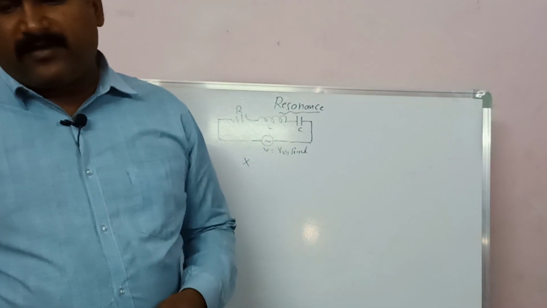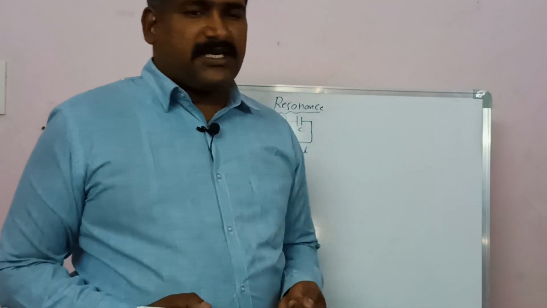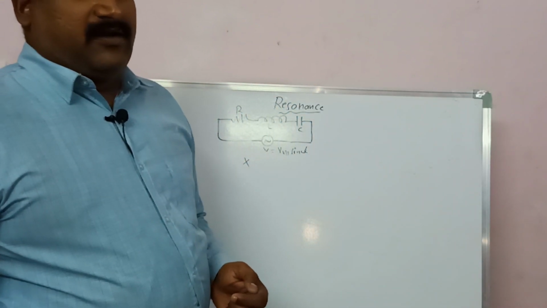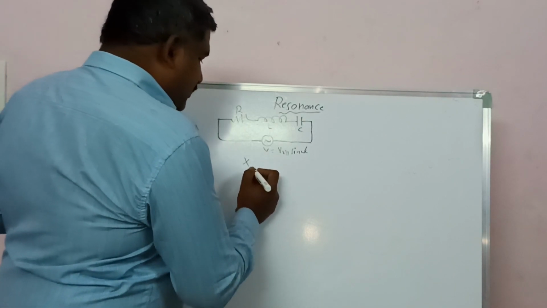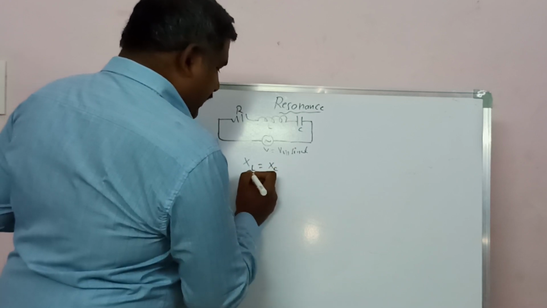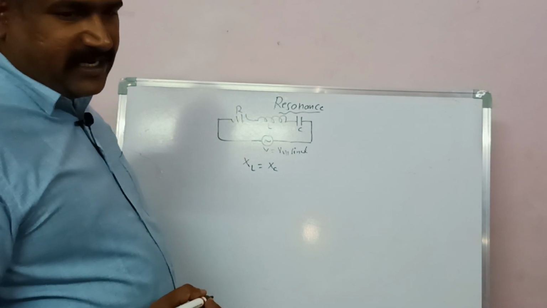The ability to identify a particular radio station among the different radio stations is with the help of resonance. So when resonance occurs, XL is equal to XC. XL is called inductive reactance, and XC is called capacitive reactance.